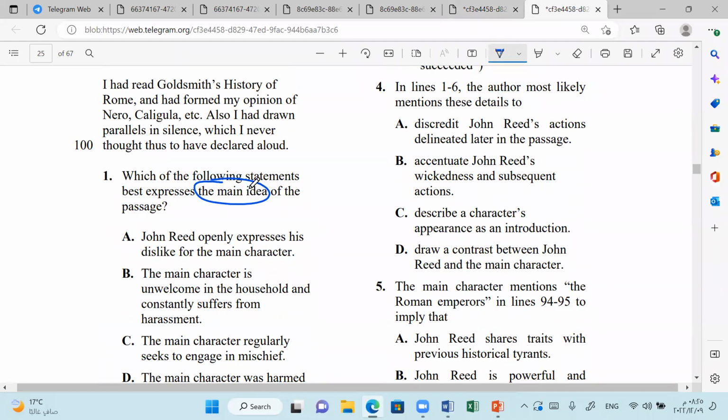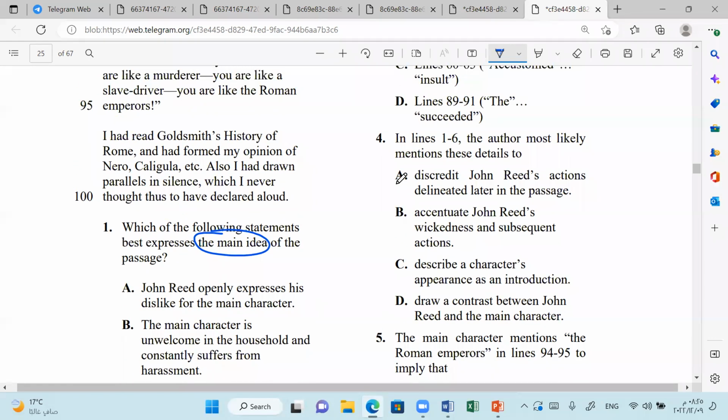Definitely, most of the time, you are recommended to leave such a question till the end, after you answer the specific questions and you have a great idea about the passage. But to your surprise, the right answer can be related to the blurb and the blurb only.